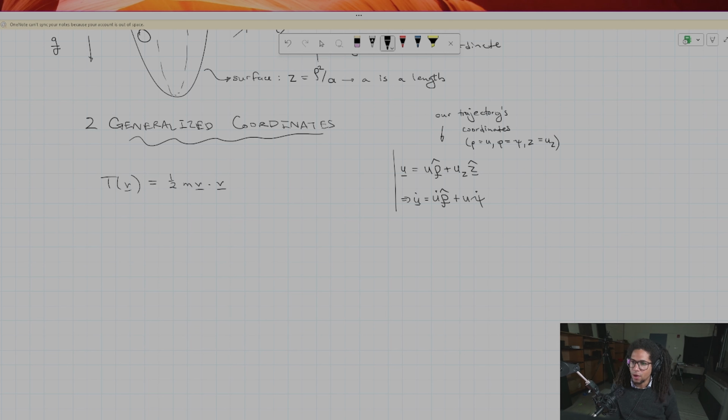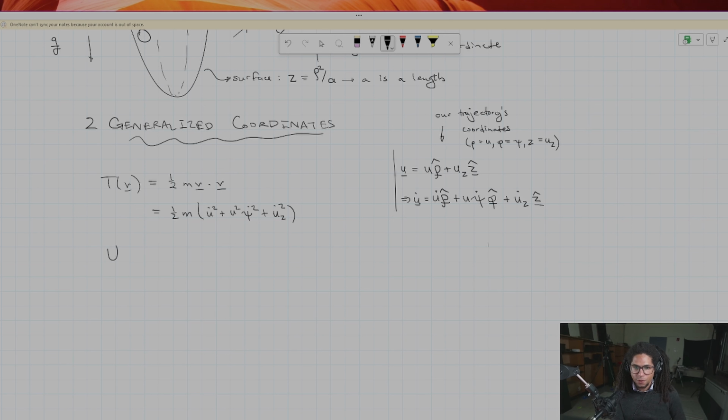Okay, so anyway, this times phi hat, and then plus uz dot z hat. Okay, so in our coordinates, once I do the dot product, I'm going to get u dot squared plus u squared psi dot squared plus uz dot squared. Great.